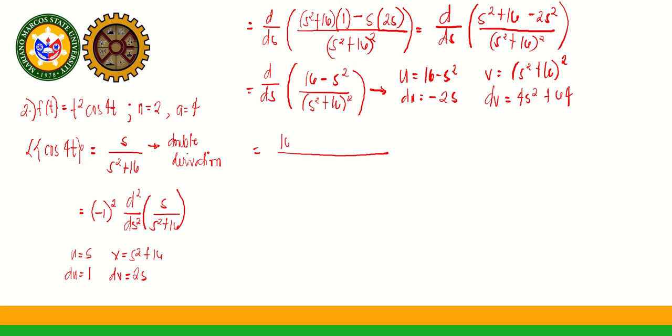So our u is 16 minus s squared times d, so this will be, iba pala yun. This will be v du minus u dv over v squared.